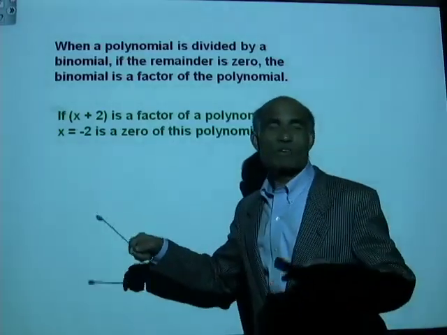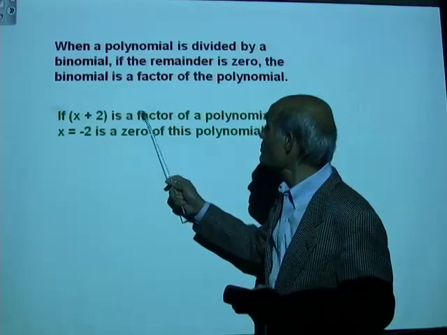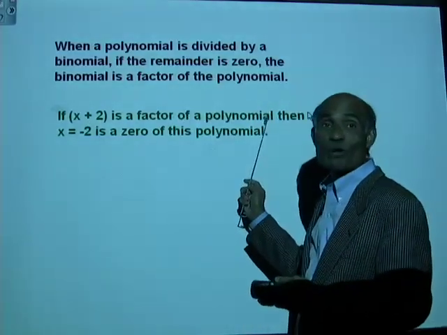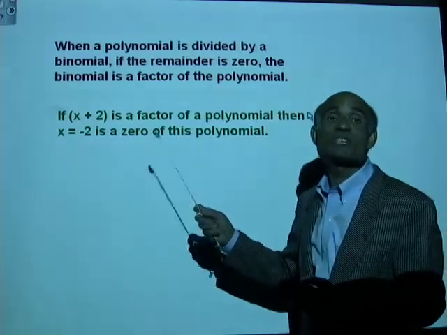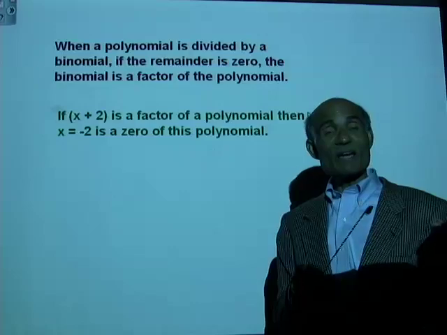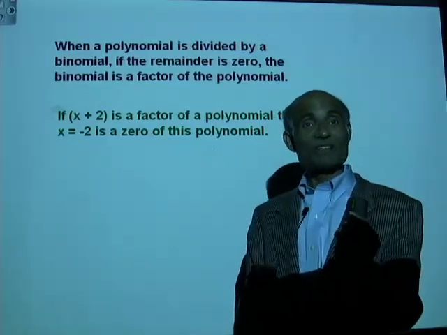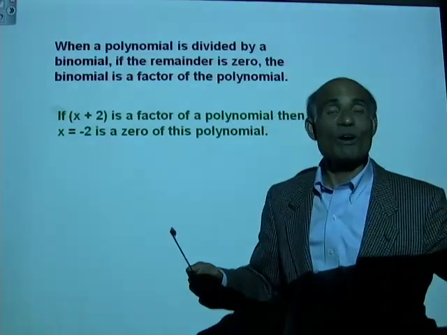Now, let's put down a couple more of these to make sure you understand it. If x plus 2 is a factor of a polynomial, then x equal to negative 2 is a 0 of this polynomial. Is that right? If x plus 2 is a factor, then x equal to negative 2 is a 0 of the polynomial.